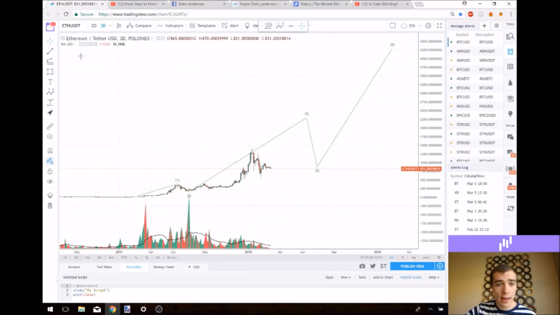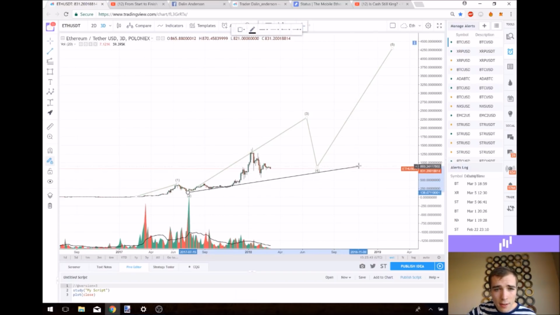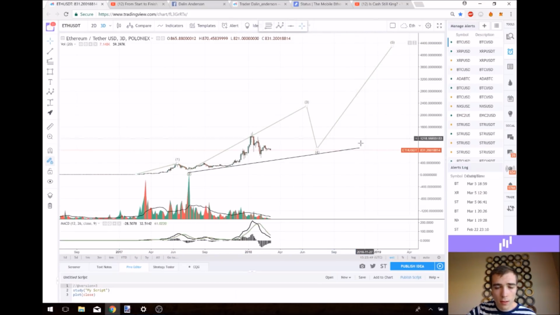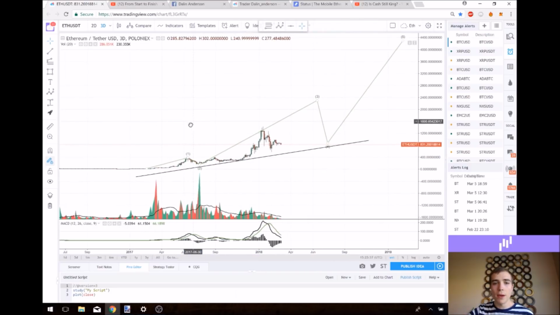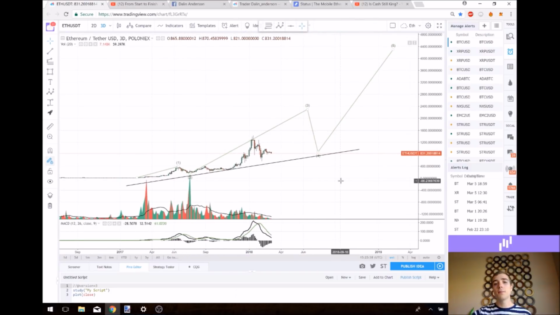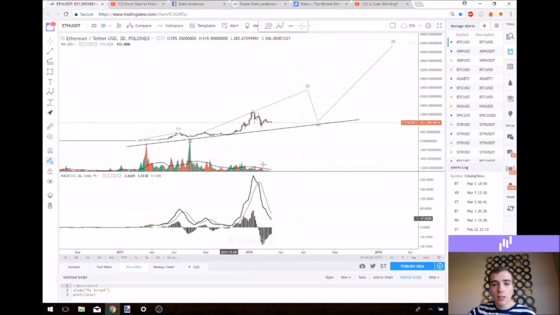So I'm going to go ahead and draw this lower trend line here. Okay. Like this. And then I'll pull up the MACD. I talked about this in my from start to finish Bitcoin technical analysis video. I dropped the MACD in here, and basically this is a moving average convergence divergence.